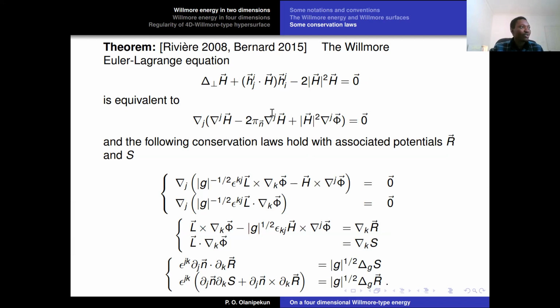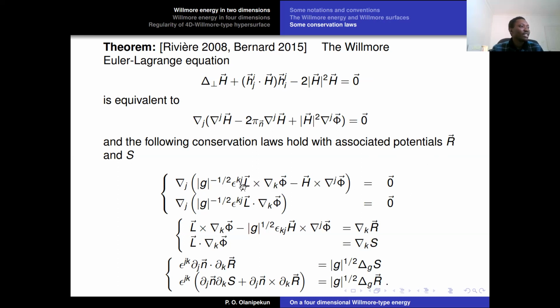This divergence form is due to the translation invariance of the Willmore energy. Then due to rotation invariance, you can get this equation. And then because the Willmore energy is dilation invariant, you can get this equation. L here is just some potential.